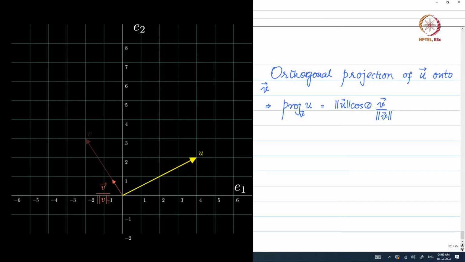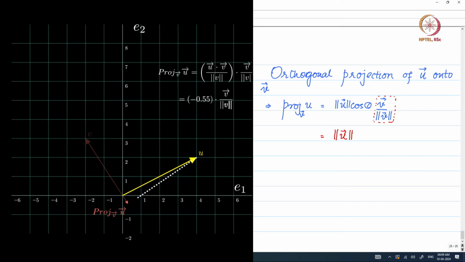Remember that this was giving us the unit vector along the direction of v. So, you have u into cos theta. So, what is cos theta?